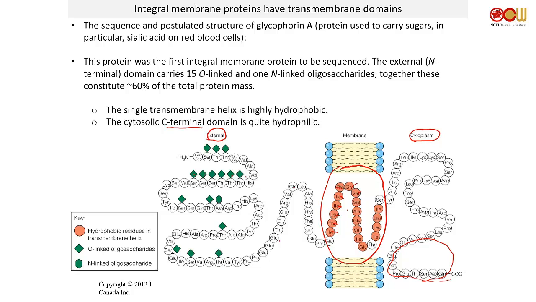This is a very typical membrane protein that you can find on the membrane of your cell. Outside, external, you have a bunch of hydrophilic residues, and these hydrophilic residues will be attached to sugars. They have sugar modifications. Inside, usually not so many sugars, but still hydrophilic. Across the membrane, you have hydrophobic residues.